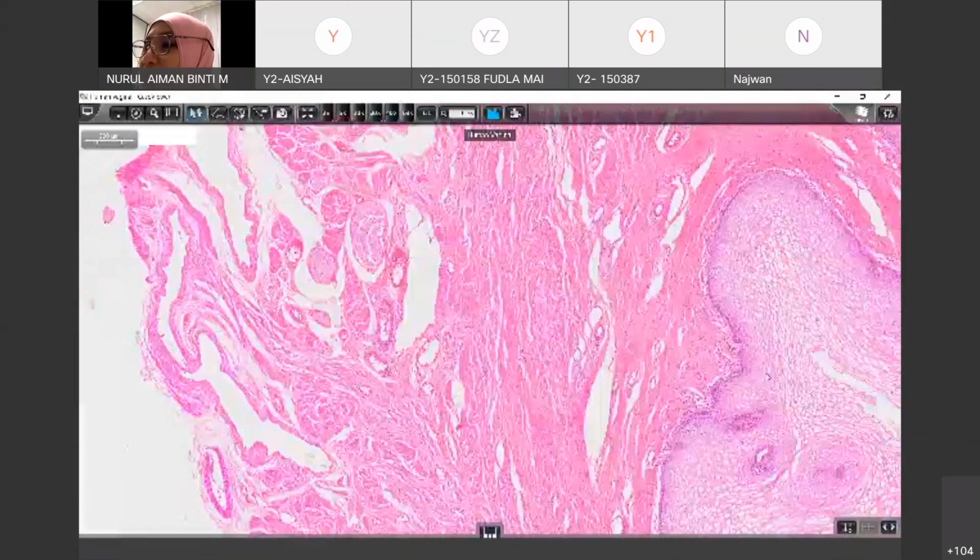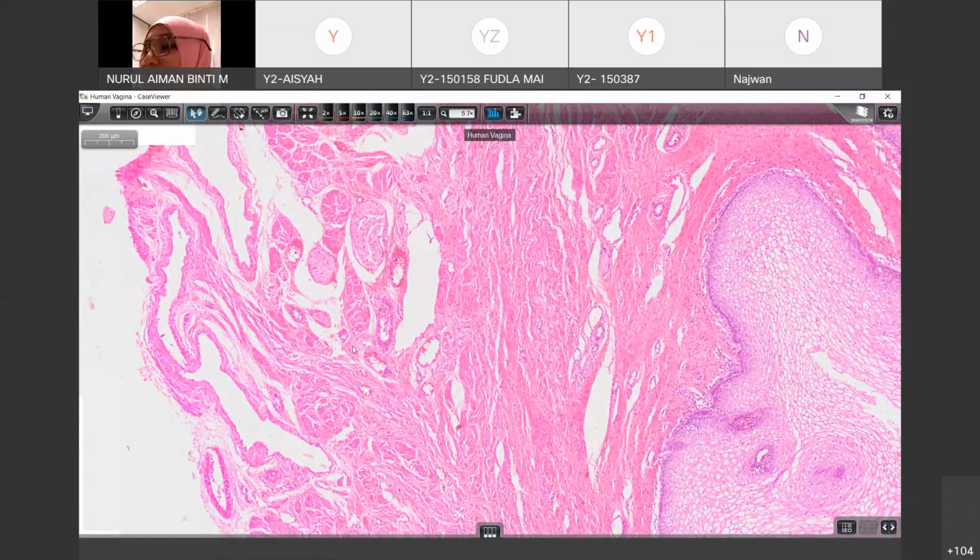So this is the mucosal layer. What do you call that outer layer? Anyone? Yes, muscularis, Aisyah. Good.